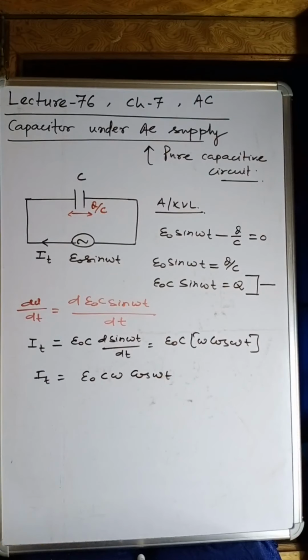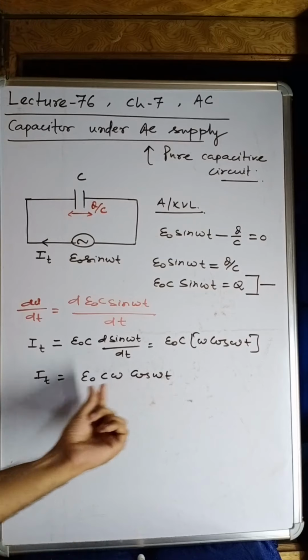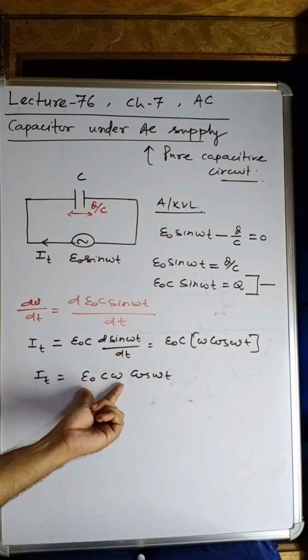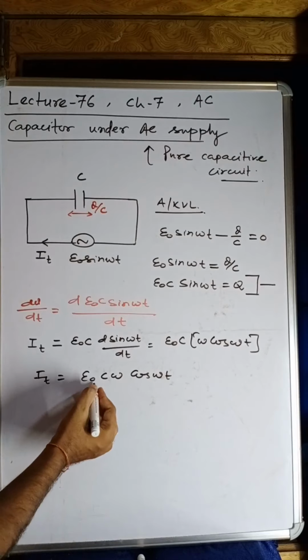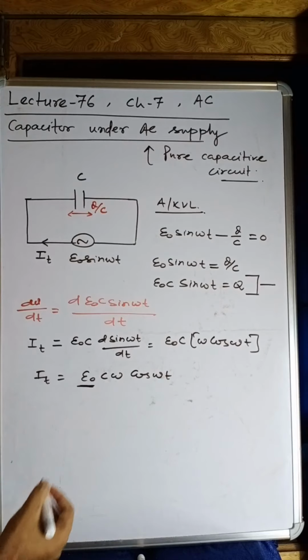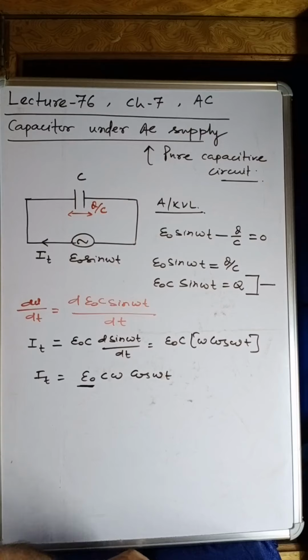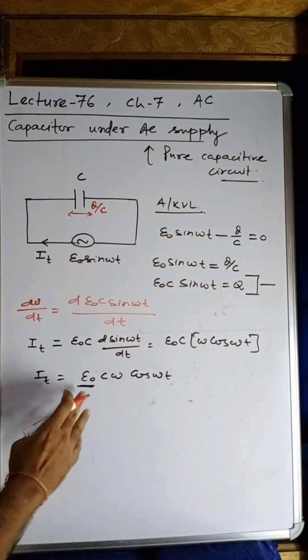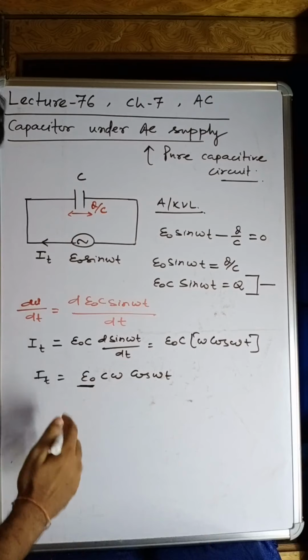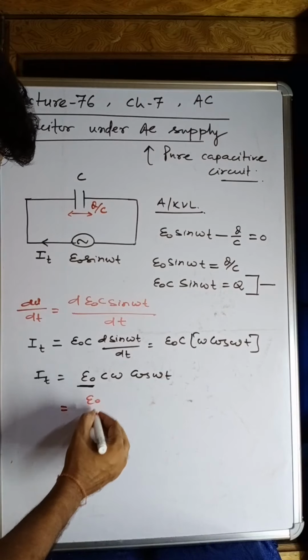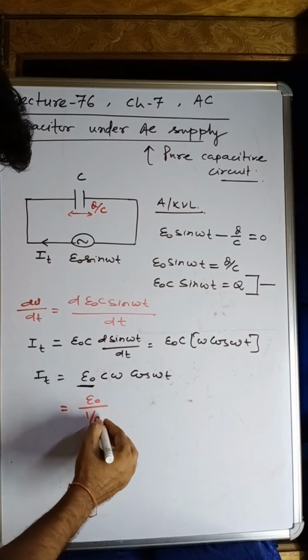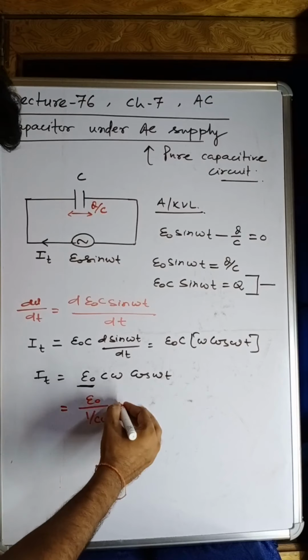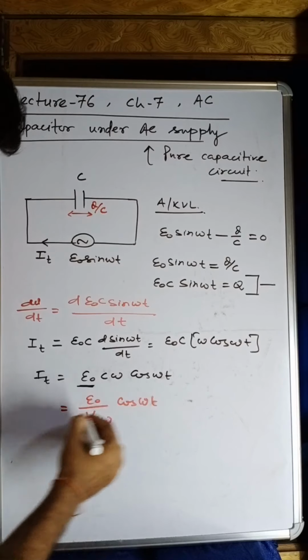Again, my dear student, you can see this should be the current, and a current is always given by the voltage divided by some quantity. So we can write this as E naught divided by 1 by C omega, cos omega t.